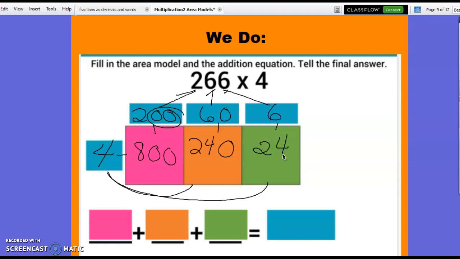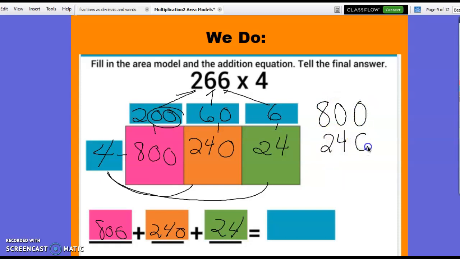So you're adding 800 plus 240 plus 24. And again, no more horizontal adding. So you're going to have to write your 800 plus your 240 plus your 24, and you're going to add them up.